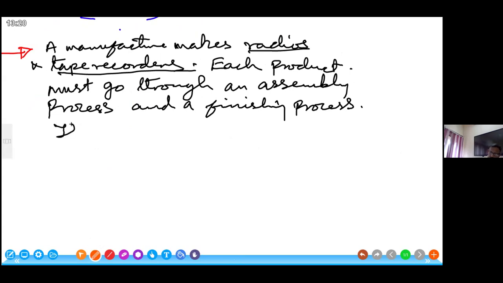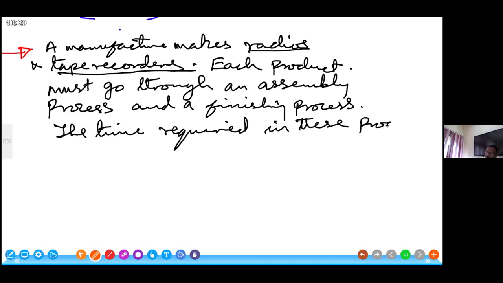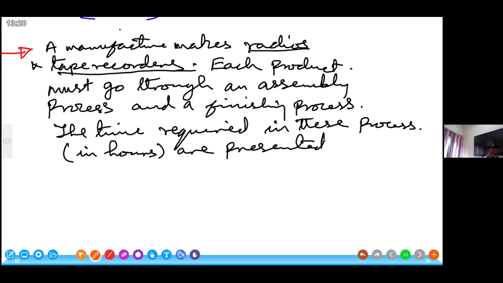The time required in this process, given in hours, is presented in matrix A. It is presented in matrix A, right?